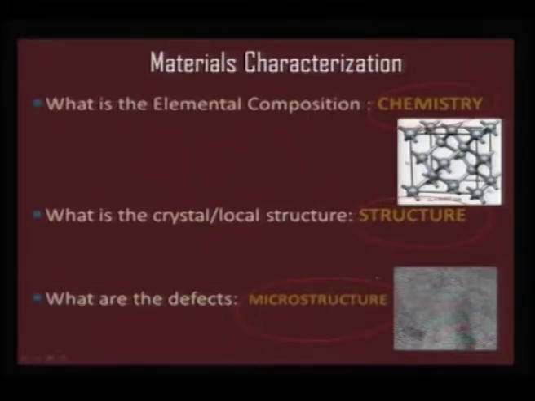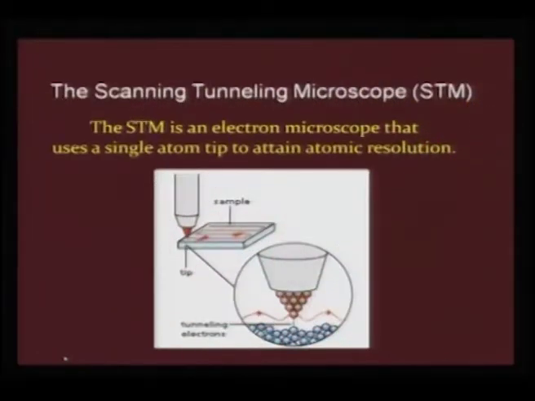One of the major benefits of this microstructure analysis is to see how the defects are oriented in a given sample. So, mainly the defects in a solid can be mapped using the microscopic tools. So, we will look at the principle of STM.